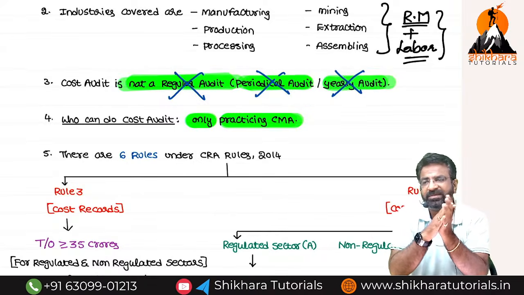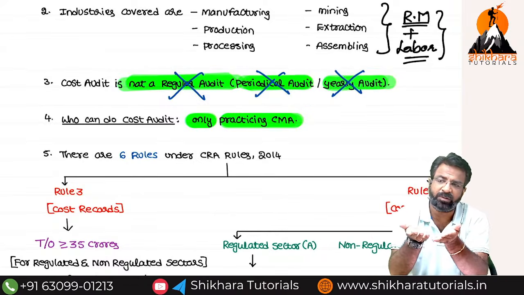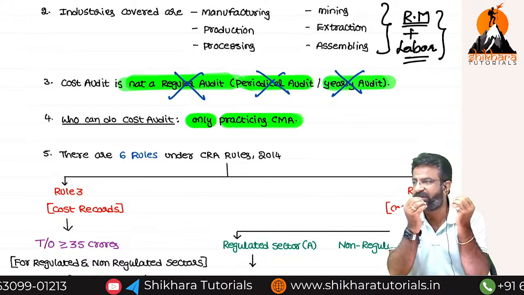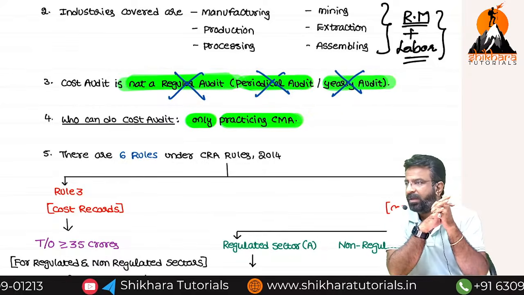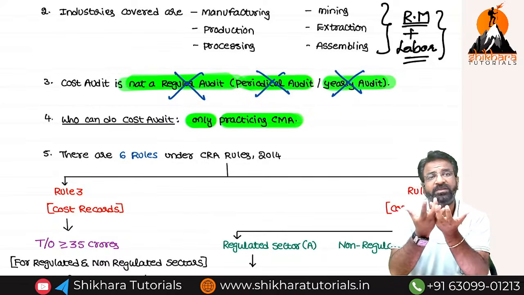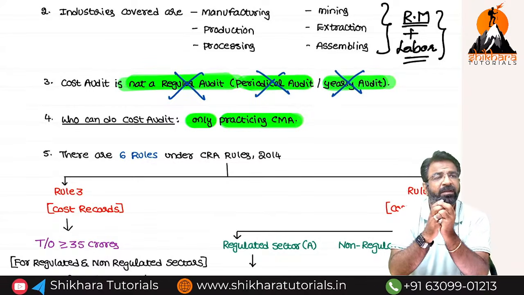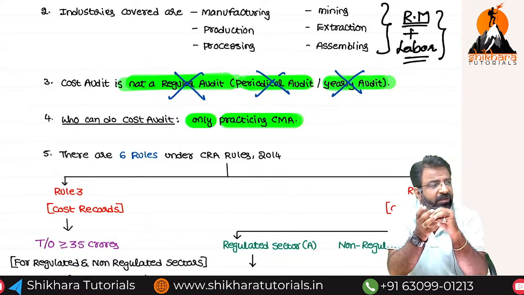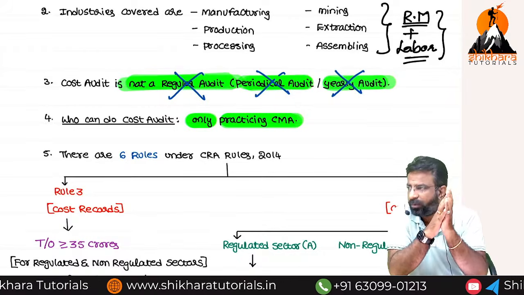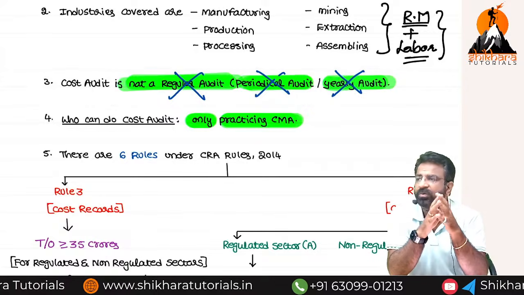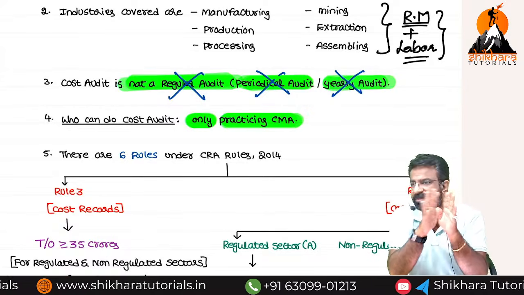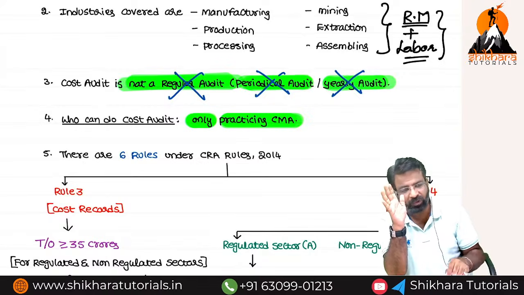But then they realized that if the practicing CS does cost audit also, along with statutory audit, when already 100 plus audit fields are available for practicing CS, then nothing will be exclusively left for practicing CMAs. Then in 2011, when the CRA rules came, they made it compulsory that only and only a practicing CMA can do the cost audit. Other than that, no person is eligible to do the cost audit.